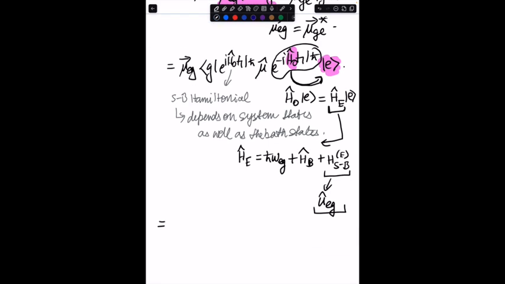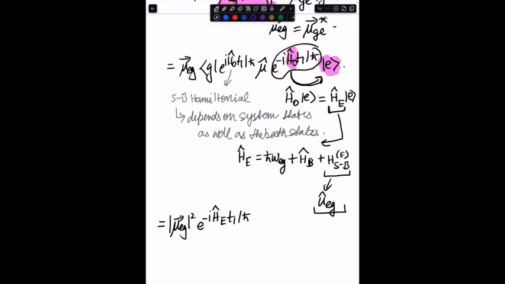So I will get mu Eg, and then I have e raised to power minus i HE t1 upon h bar. And then the second dipole operator brings the excited electronic state back to the ground state. And after that, you will get a mu GE contribution from there.